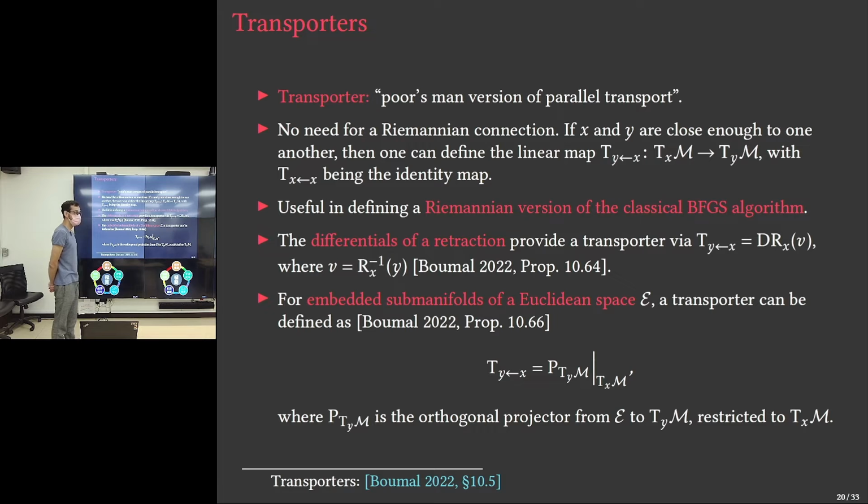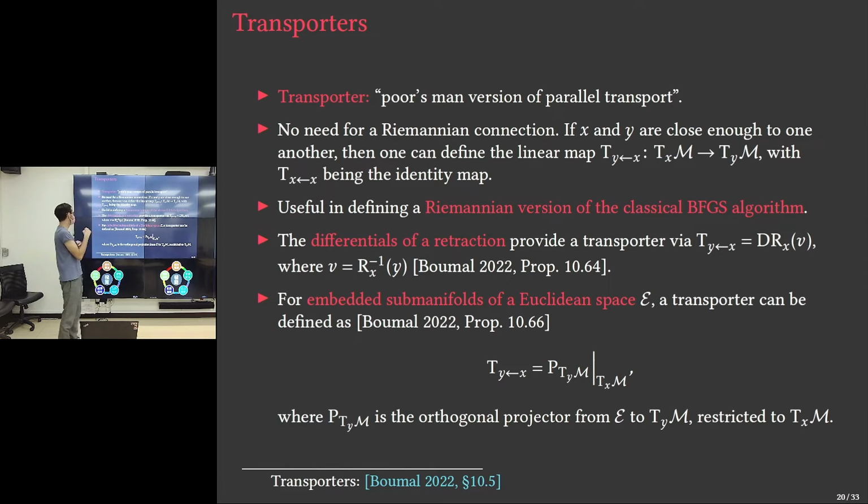Again, the transporter, like the parallel transport, is a linear map that allows us to transport tangent vectors to the manifold at a certain point to another one. So like before, okay? But here we use another notation. Before it was P, here it is T. So it is useful, in particular for this paper, in defining a Riemannian version of the classical BFGS algorithm.